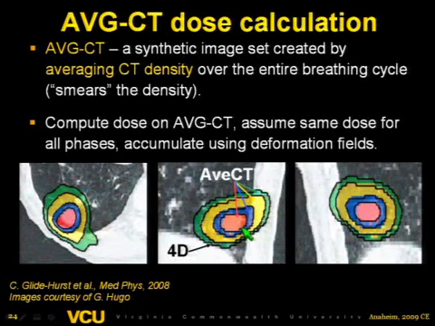The color wash here corresponds to doses from the average CT approach, whereas the isodose lines correspond to the full 4D dose computation. So fairly good agreement, I'd say, between the two approaches.